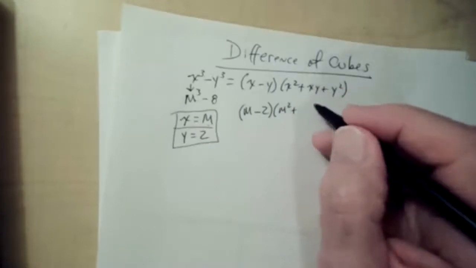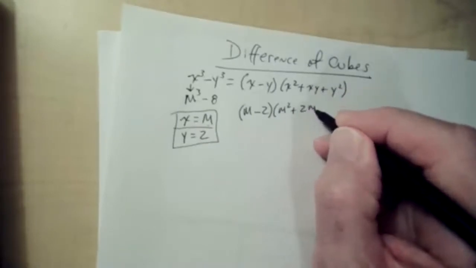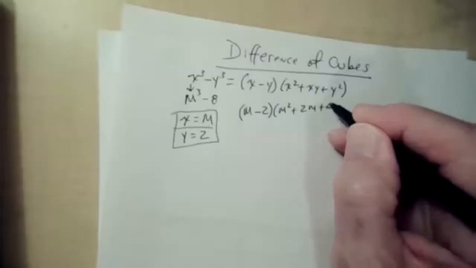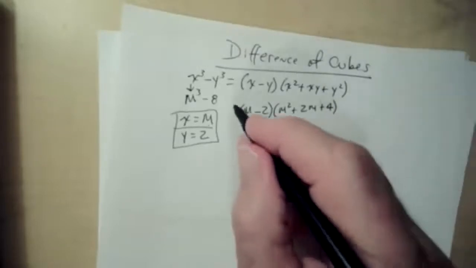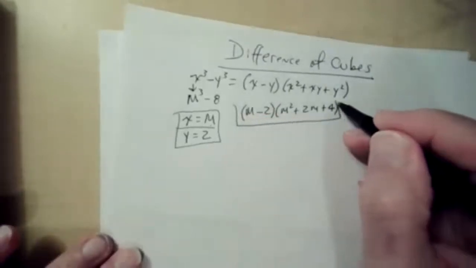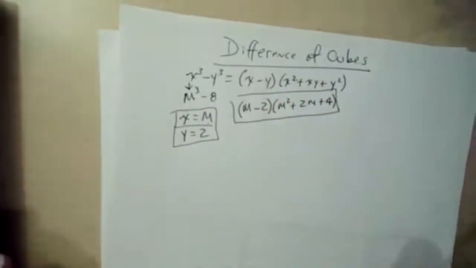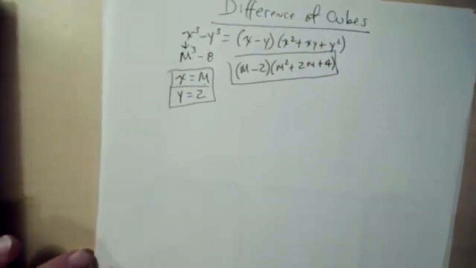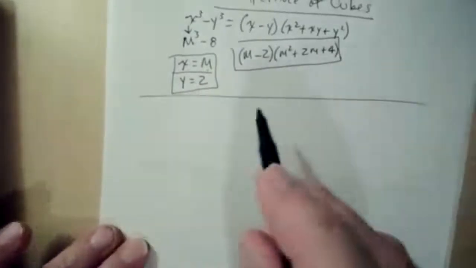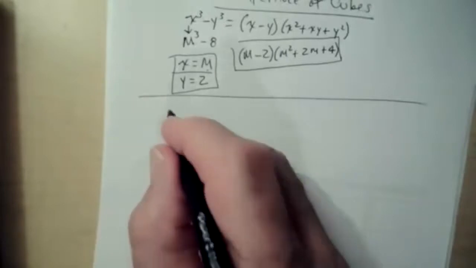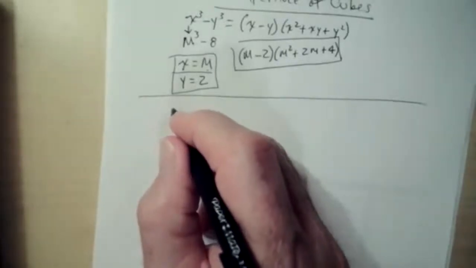X squared, m squared, plus xy, 2m. Good. Plus, what's y squared? 4. Excellent. Okay, that's all there is to it. Like I said, the most difficult part of this is figuring out what's x and what's y and then just plugging in the numbers.